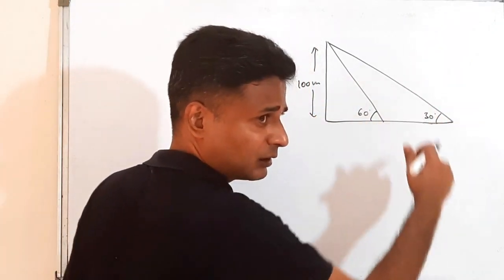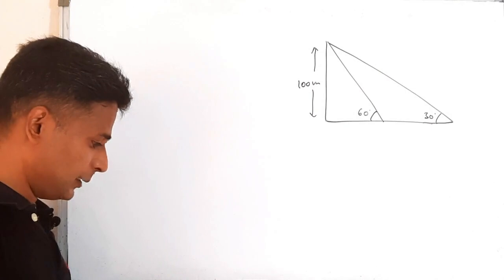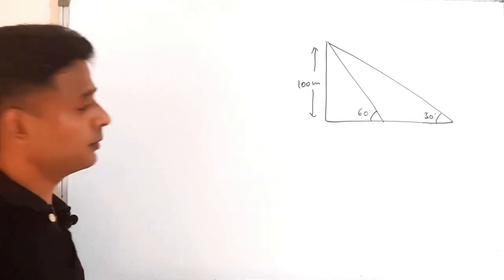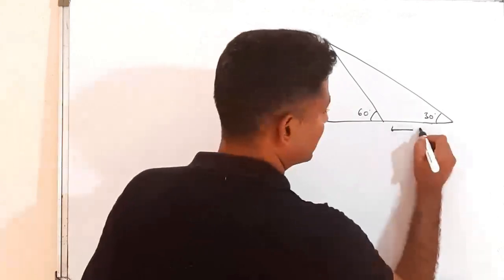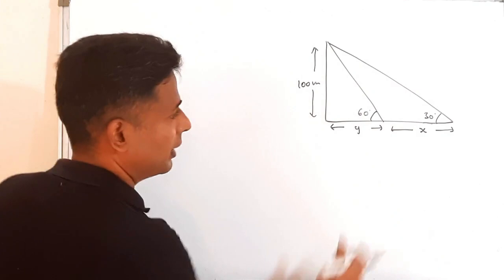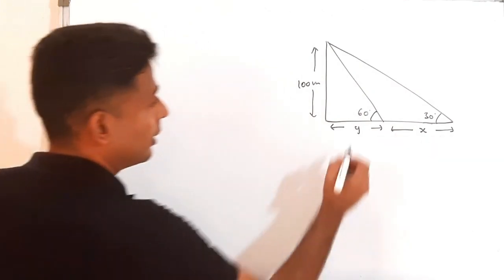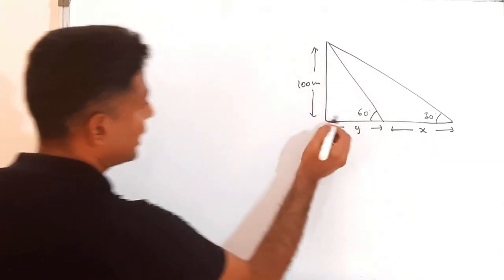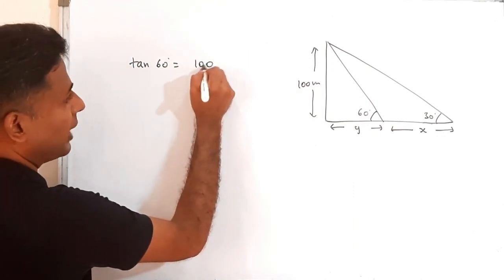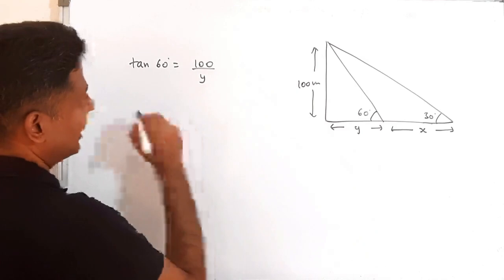So the angle is changing from 30 to 60. The further the distance, the smaller the angle, right? Find the distance traveled by the ship during the period of observation. So we have to find this. Let this be x and let this be y. But this is what we have to find. Now from this triangle, we get tan 60 degrees equal to opposite by adjacent.